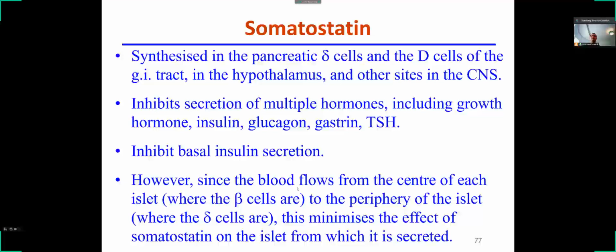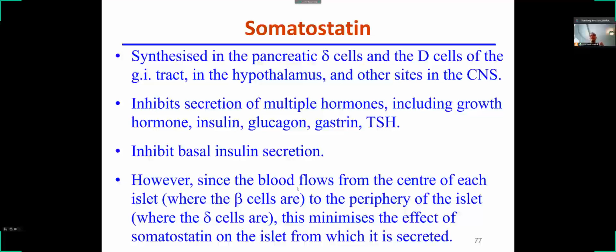However, the challenge is, one, the receptors are found many places, so targeting it from a drug standpoint is difficult. And also the blood flow from the center of each islet. Remember, we talked about the blood coming up, going through the pancreas and then flowing down the mountain, right? From the center of each islet where the beta cells are to the periphery of the islet where the delta cells are, it minimizes the effect of somatostatin on the islet from which it is secreted, right?